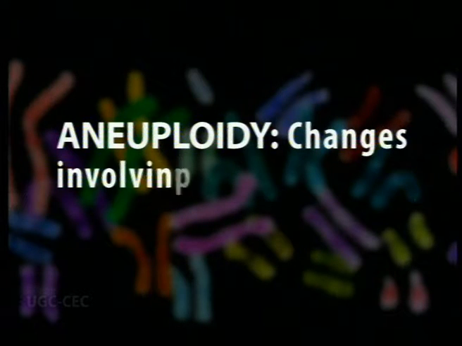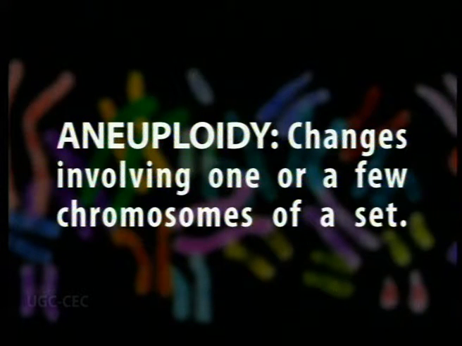That is, it is related to x, 2x, 3x, 4x, which are different levels of euploidy. Whereas aneuploidy involves changes in one or a few chromosomes, either an increase or a decrease.